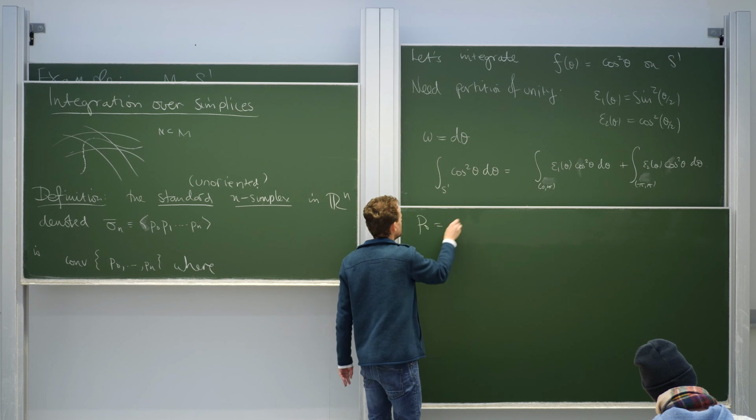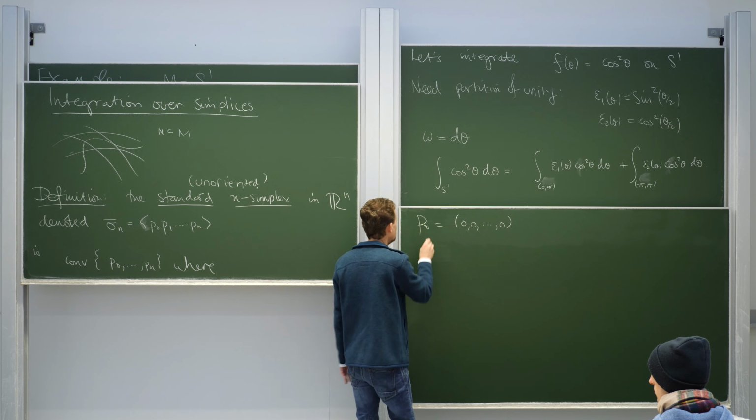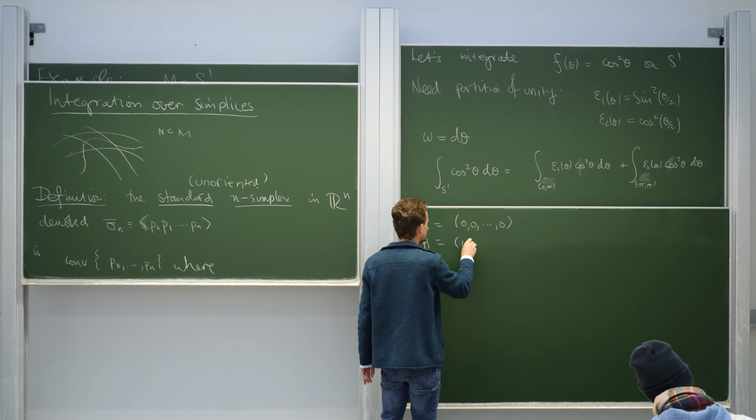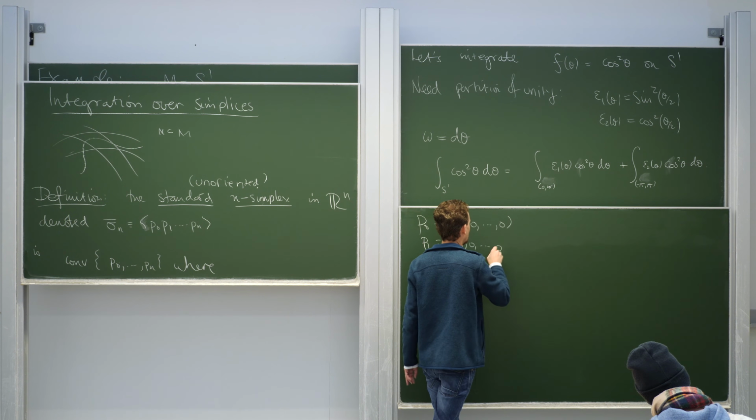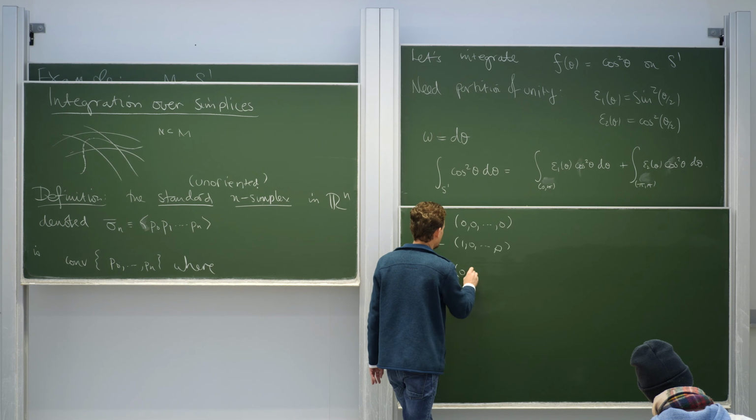So what is p0? Well, it's the origin. p1 is the unit vector along the x-axis. And pn is the unit vector along the n-axis.